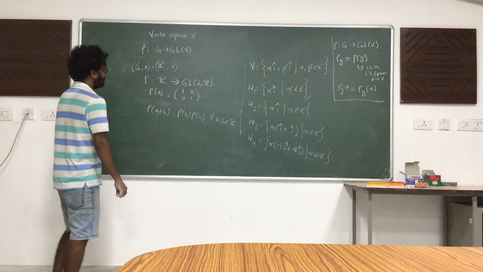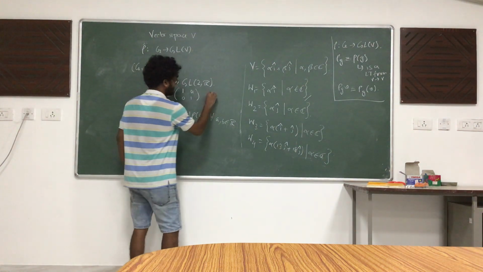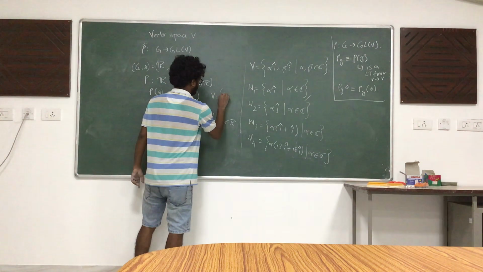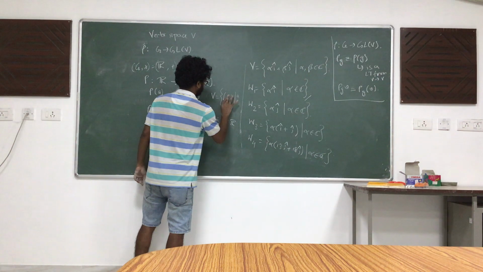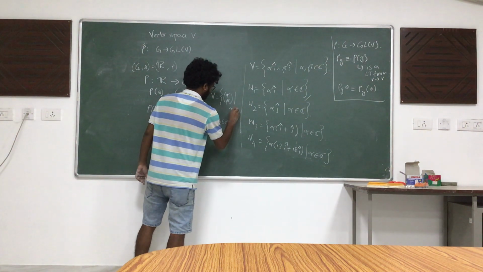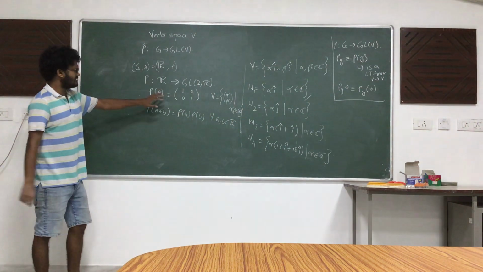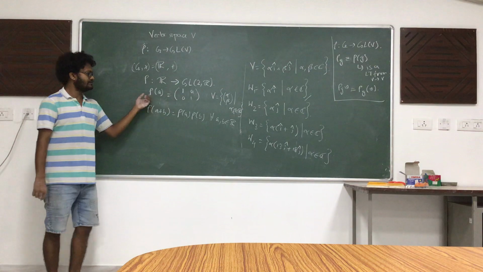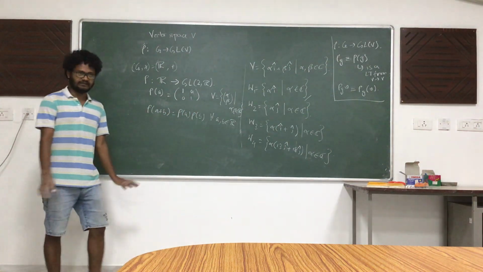Now, one of the sub-representations. So here, what was the vector space? The vector space was all 2 by 1 column vectors, let us say alpha, beta. This is true for complex numbers also. Okay, so this was a kind of representation that we can see.